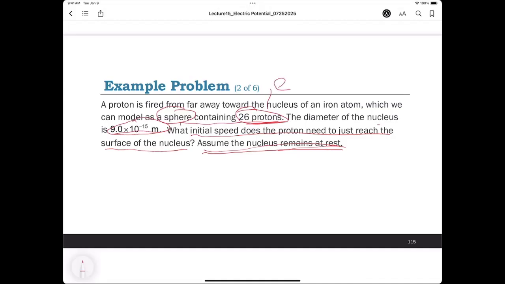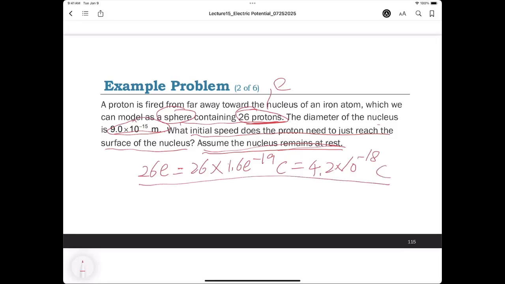Which means the sphere contains 26 e of charge.